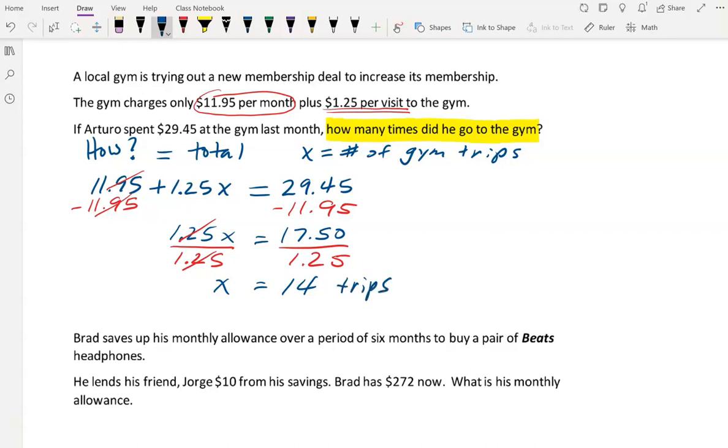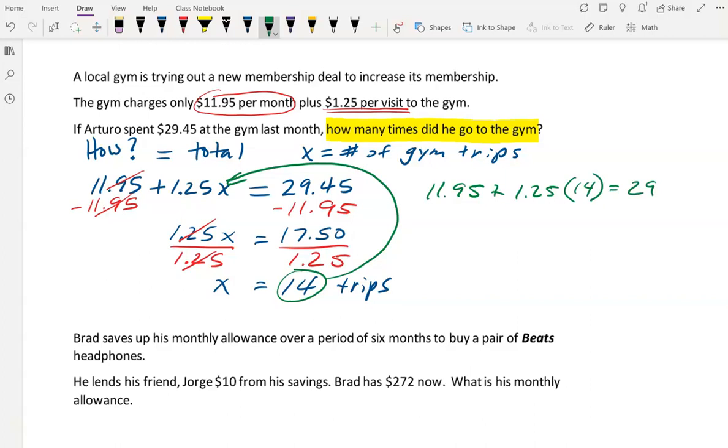And we can check that answer by substituting 14 into the original equation for x. So $11.95 plus $1.25 multiplied by 14. Does that equal $29.45? Well, you can figure that out and determine that yourself.